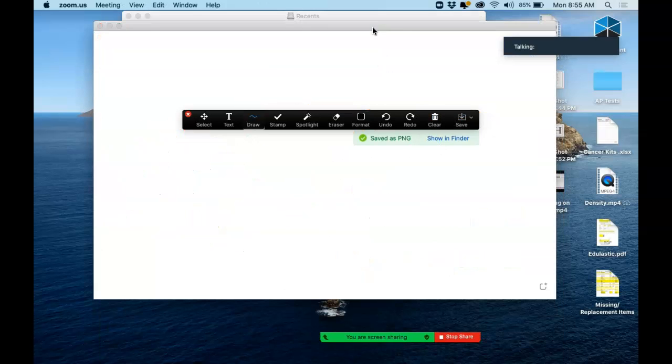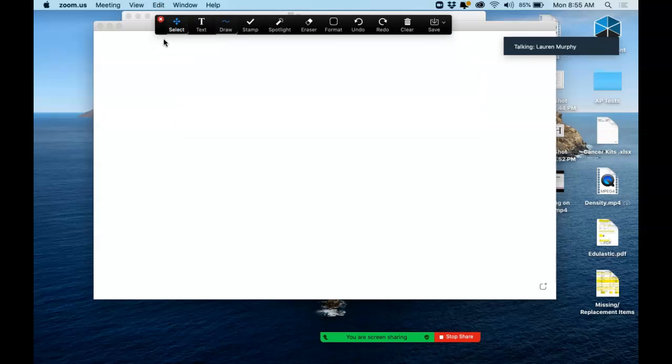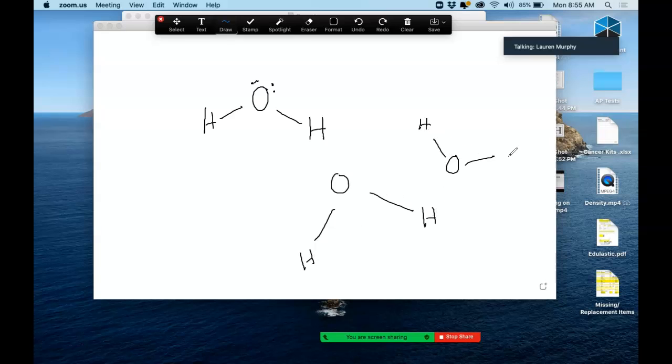All right. So I want to show you what polarity does. Here's water, right? If you draw it, and it has two lone pairs of electrons, and then here's another water molecule, and here's another water molecule.